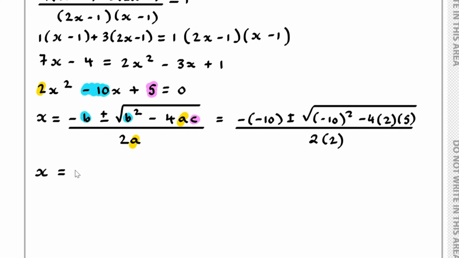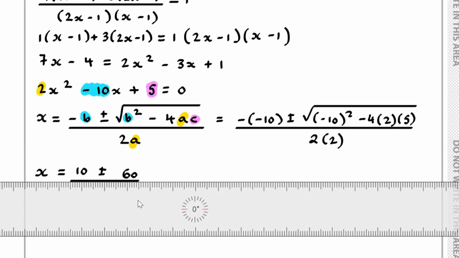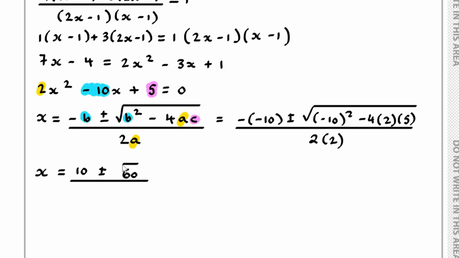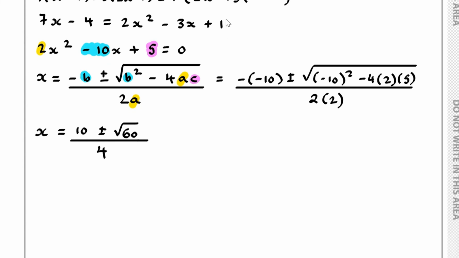So, if I simplify this, I get 10 plus minus, now here I've got 100 minus 40, so that's 60. And then this is square rooted, and I'm going to divide by 4. Now, square root 60, we can simplify that. The square root of 60 we can write as square root 4 times square root 15, which is 2 root 15.